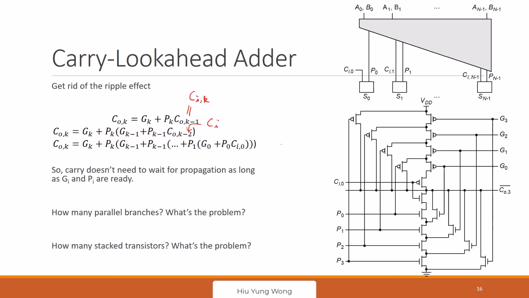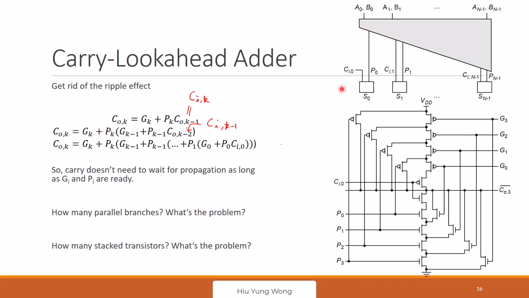This is just the input to the k minus 1. So I keep substituting. Eventually it will be the propagation of the first bit, generation of the 0th bit, plus it propagates the input of the 0th bit. So carry out is nothing but Boolean algebra, and I can just implement that in a big logic.